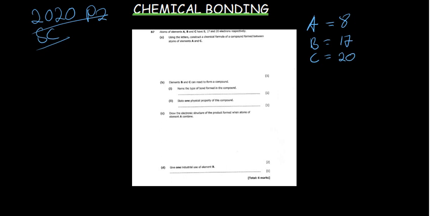The question says: using the letters, construct a chemical formula of a compound formed between atoms A and C. So here we are talking about the relationship between A and C. The wise thing to do is to write the electronic configuration first, for you to know the number of electrons that particular element is ready to gain, lose, or share.